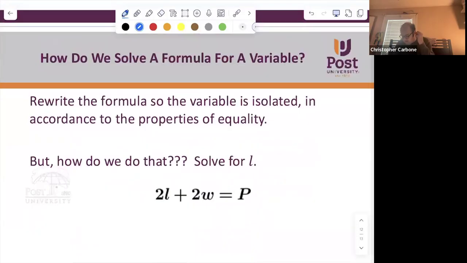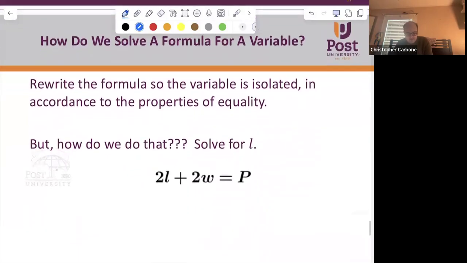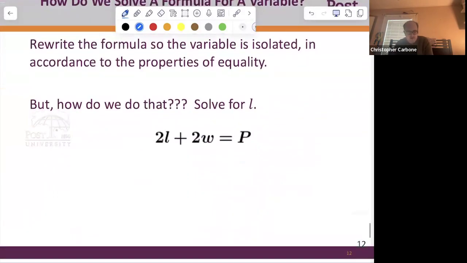But we could also be given a bunch of formulas to solve for a particular variable, which is just to isolate that particular variable using what we have from solving equations. So like, for example, in the perimeter formula, we want to solve for the length L. With that perimeter formula being P is equal to 2 times L plus 2 times W. So in this case, we're going to subtract 2W from both sides.